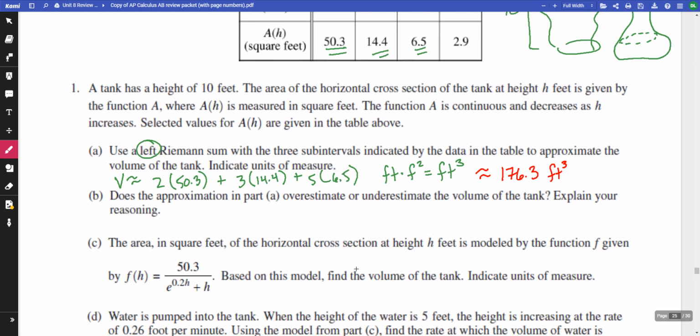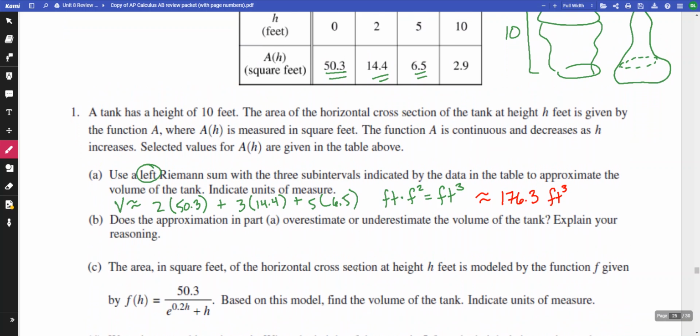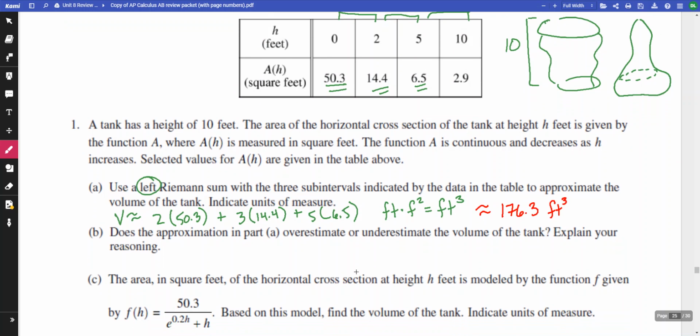Okay. Does the approximation in part A overestimate or underestimate? Well, let's see here. Function A is continuous and decreasing as h increases. So as the height goes up, the cross section is smaller. So that means that I've got this decreasing function using a left Riemann sum.